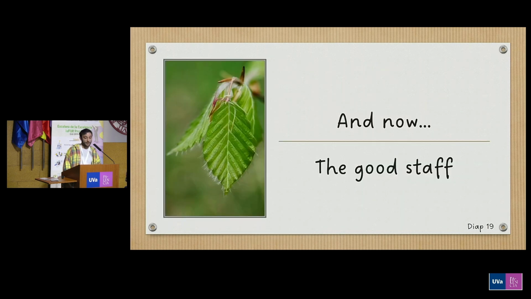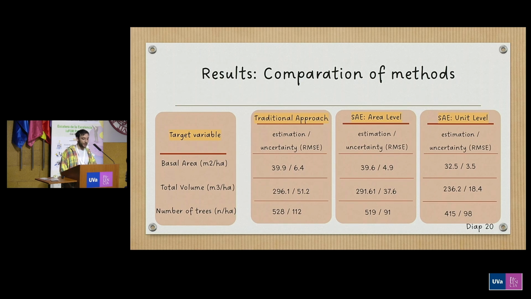And now the good stuff, the results. We got estimations for 3 variables: basal area, total volume, and number of trees. These were done getting the mean estimation for each stand, and after that, getting the mean estimation for all the stands, and we get these values.